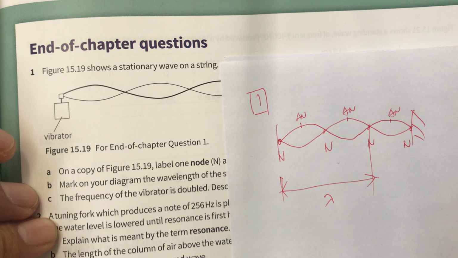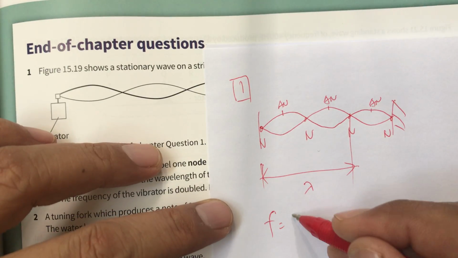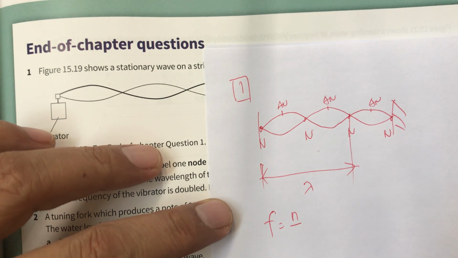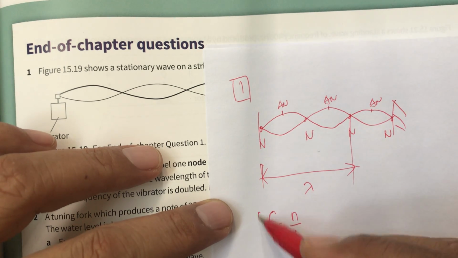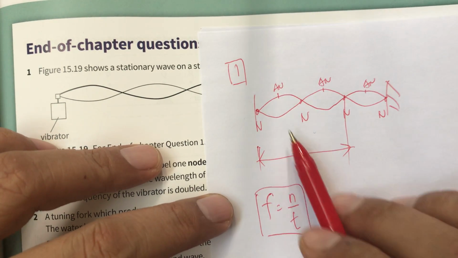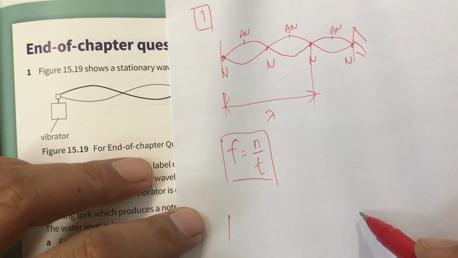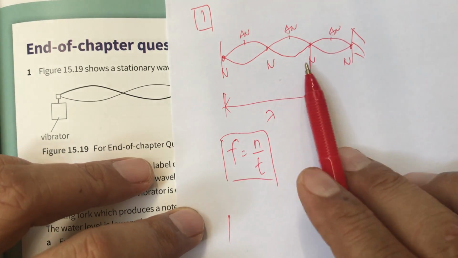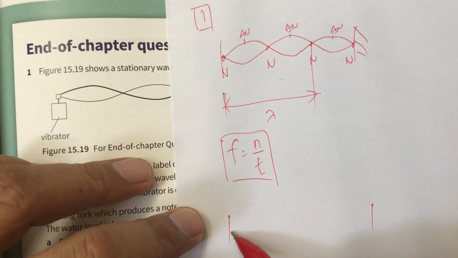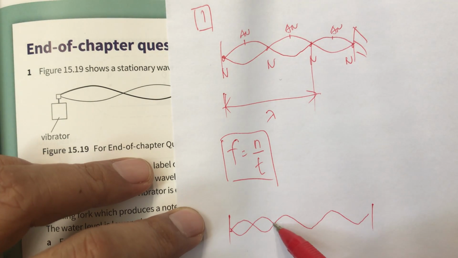Frequency doubled means the total amount of waves in the time doubles. So we are still on the same length, and if we had 1.5 waves, we now have 3 waves, 1, 2, 3, like this.